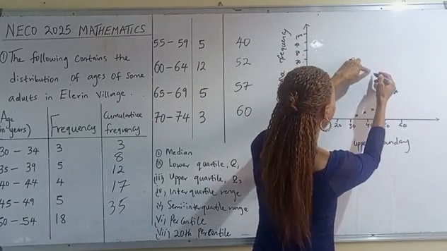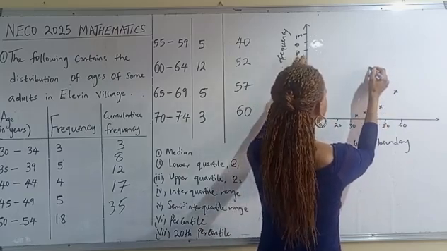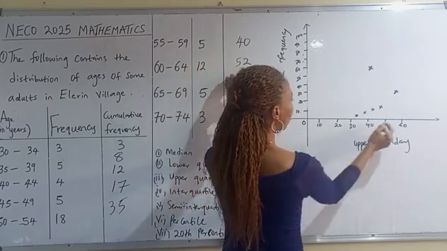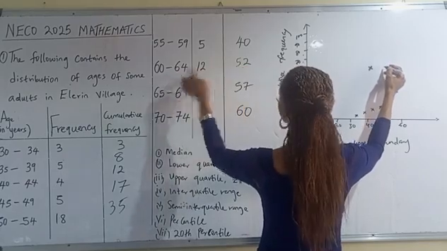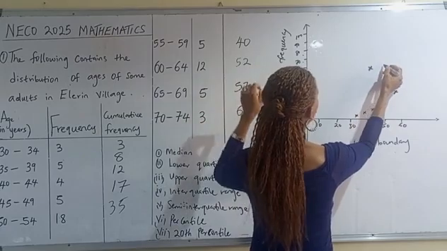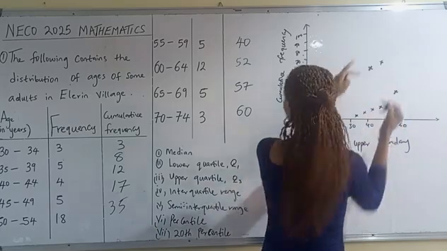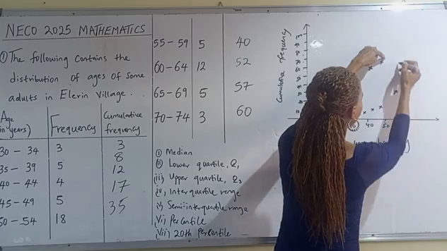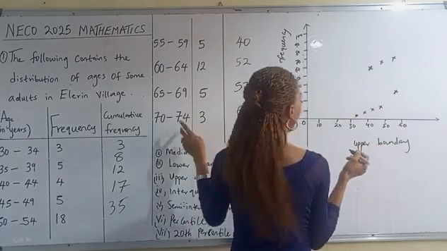You trace 59 and 40. 12 and 52. 52 and 64. 57 and 69, 60 and 72.